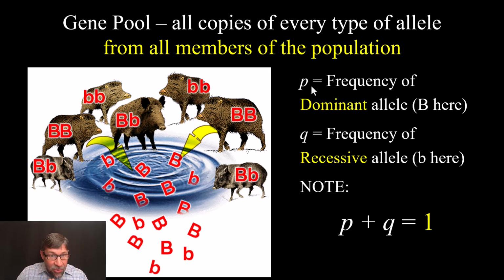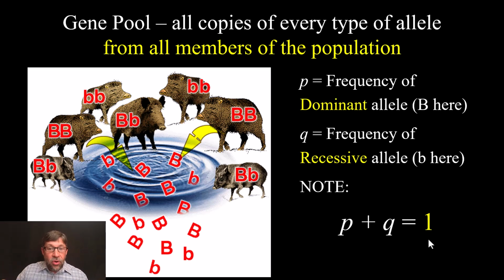So let me say that one more time. If the problem is asking you for the proportion of big B's or little b's, it's asking you for the allele frequencies p and q respectively. We're only going to be working with two-allele genes, so therefore p plus q has to equal 1, because you can only have big B or little b.